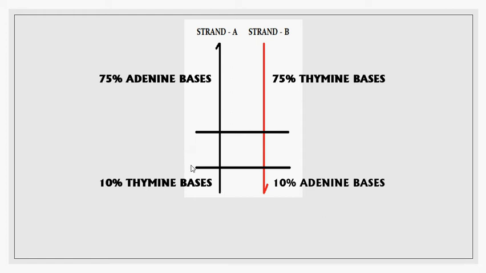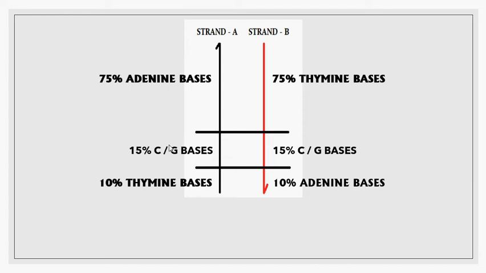Then the remaining bases present in strand A are 15% cytosine or guanine bases, and the remaining bases present in strand B are 15% cytosine or guanine bases.